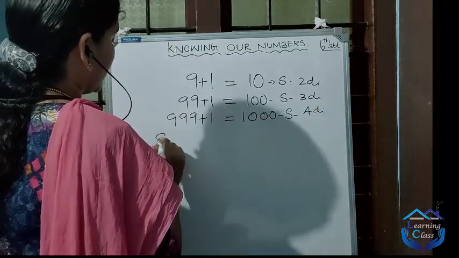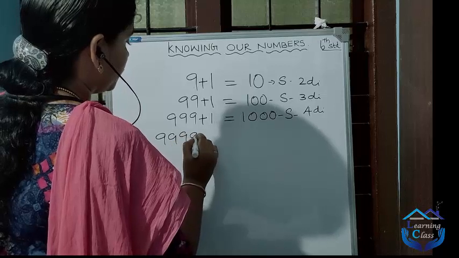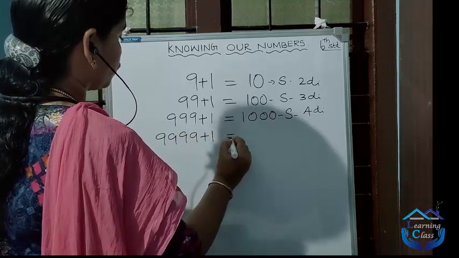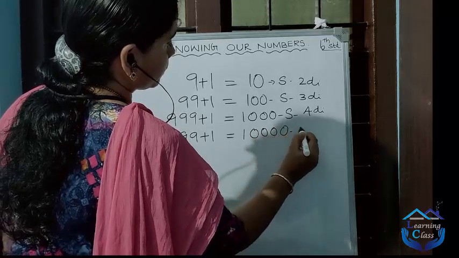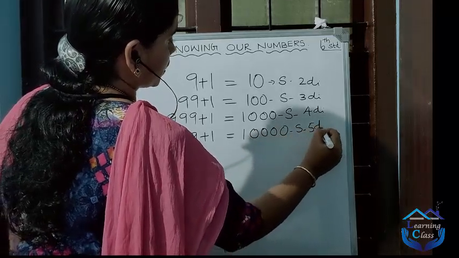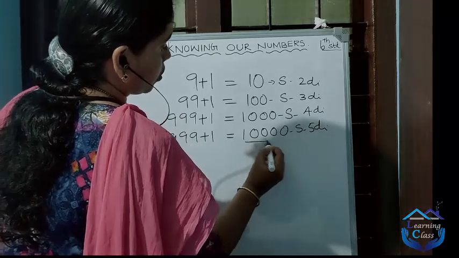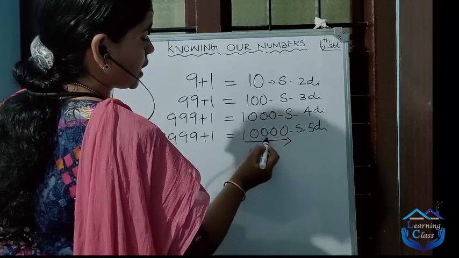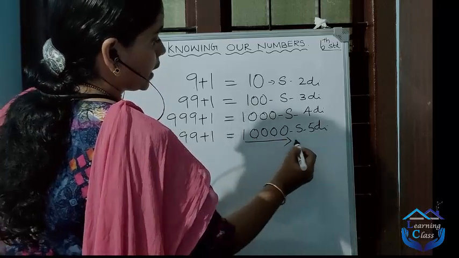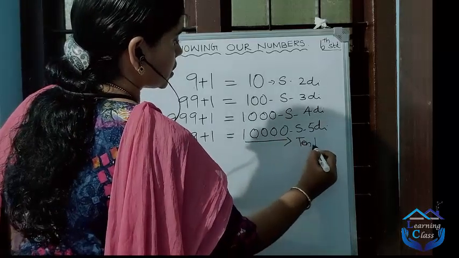Clear? And if we add 1 with the greatest four-digit number, we get the smallest five-digit number. This is called 10,000. Ones, tens, 100, 1000, and this is 10,000.